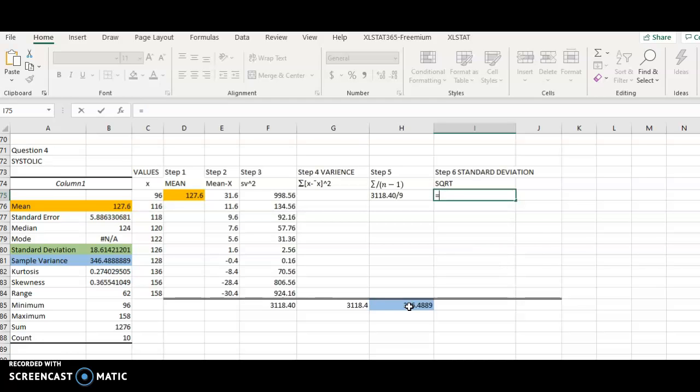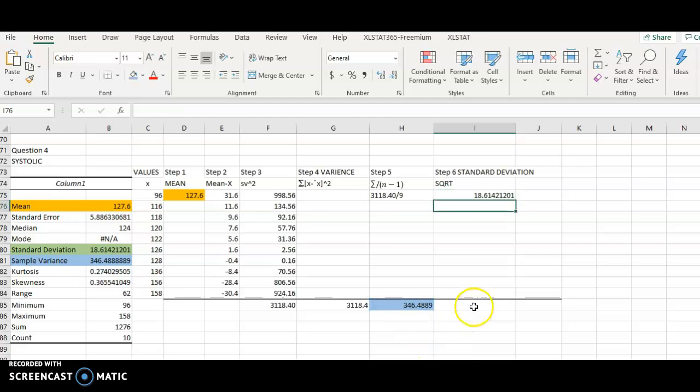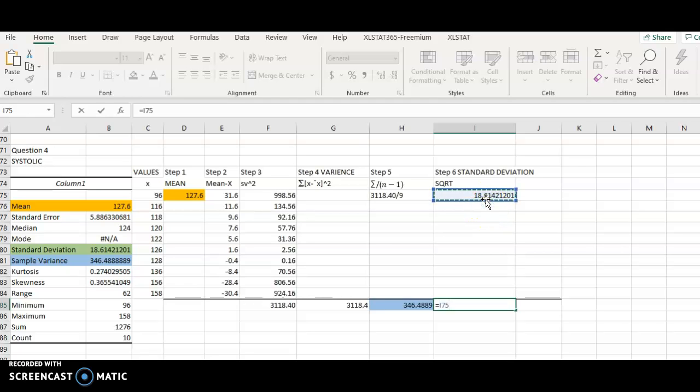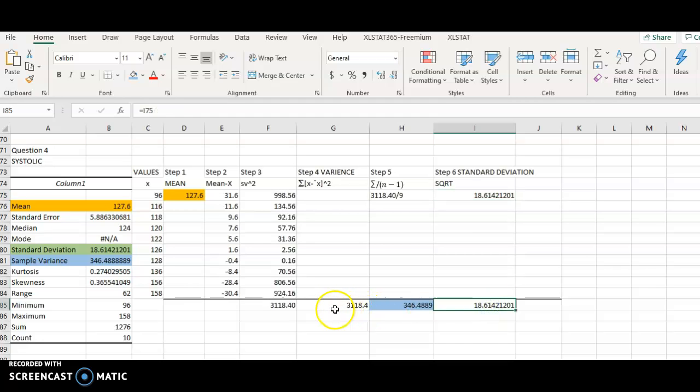The formula is SQRT, the square root of, parentheses, highlight the cell, close parentheses, enter, and we're just going to highlight this number here so that it carries this number down here. And I just showed you what I didn't want to show you. But it's here.